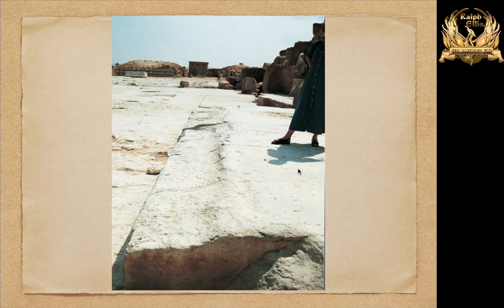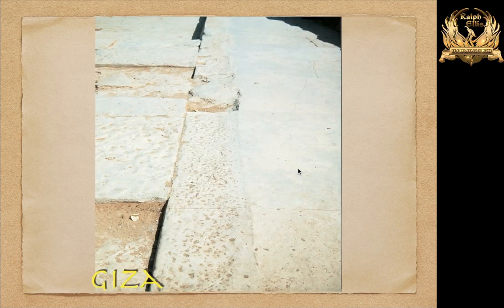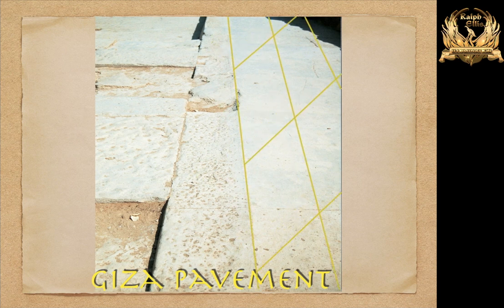So let's have another look at, because this is all around this pyramid, all around the base. So let's look at another section of this. And here again we see this differential. And we like differentials because they may give us a date. So why do we see this differential? Because on the right side here, this was always covered by casing blocks.